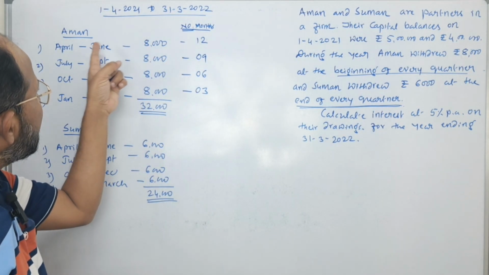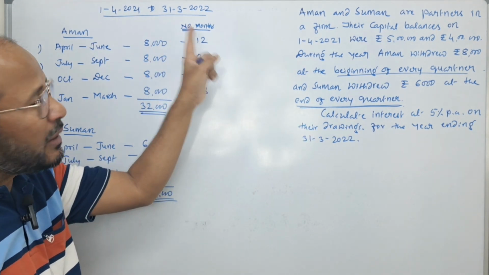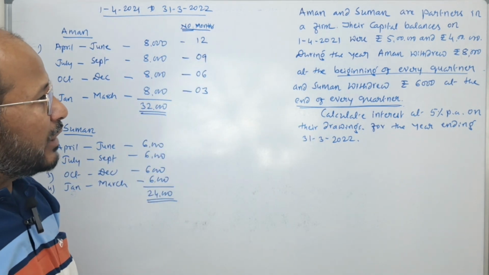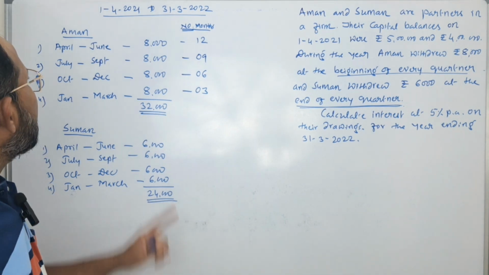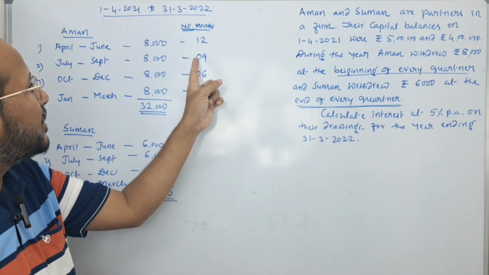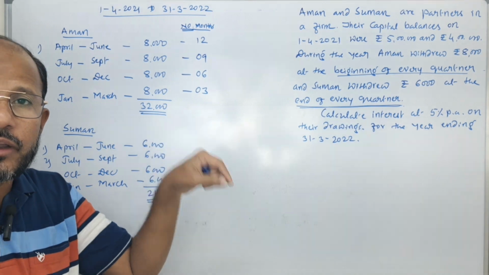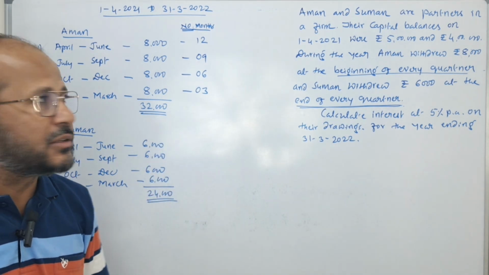In the first quarter, he withdrew rupees 8,000. Therefore, 5% of 8,000 for 12 months is to be calculated as interest on his drawings. Next one is on his second drawing, interest at the rate of 5% is to be calculated on 8,000 for 9 months, if we calculate interest drawing-wise.